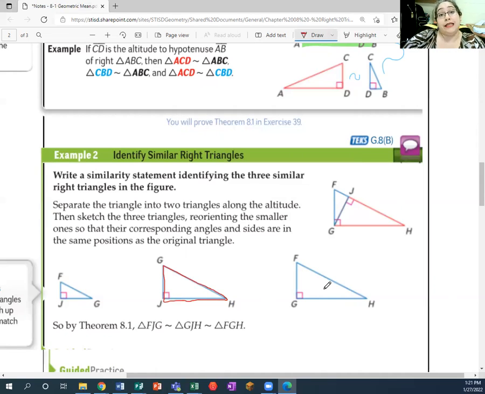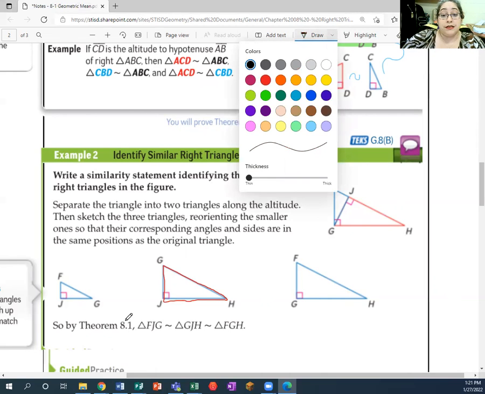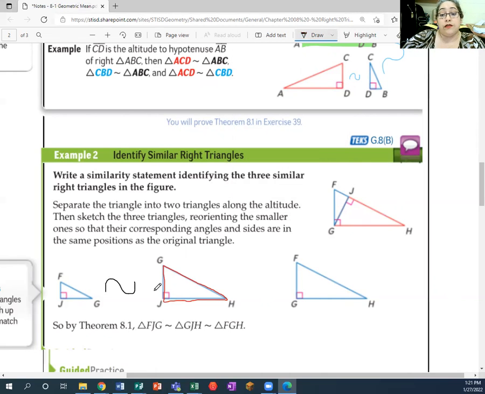Now it's really easy for me to see which triangle is which and what parts of these triangles correspond to which other part of the other triangle. This is super important for writing that similarity statement. We know that by this Theorem 8.1, all three of these triangles are going to be similar to each other.